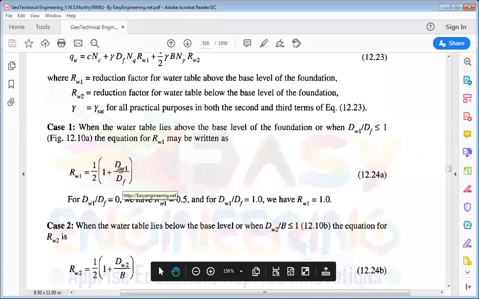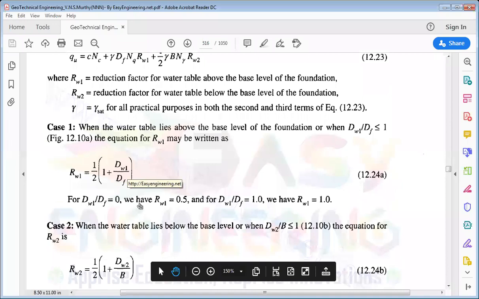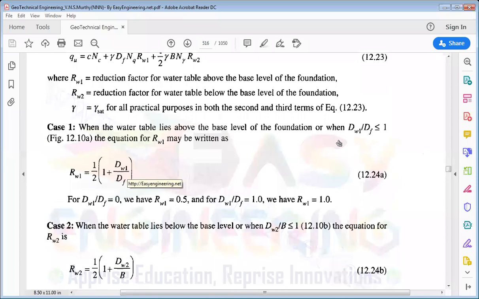For finding Rw1, we know the formula: Rw1 is equal to half times 1 plus Dw1 by Df, where Dw1 is the depth of the water table from the ground surface. And for Rw2, in case 1, when the groundwater table is between the depth of the foundation and the ground surface, that means Dw1 by Df is less than or equal to 1, and in that case Rw2 is equal to 1.